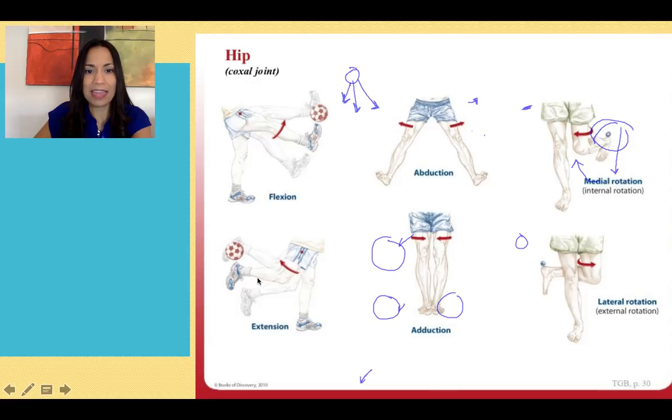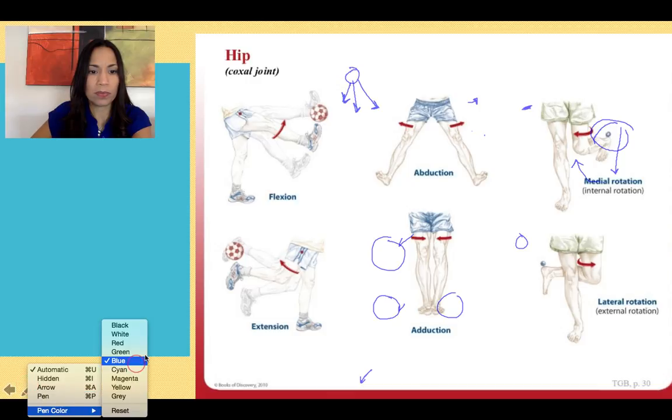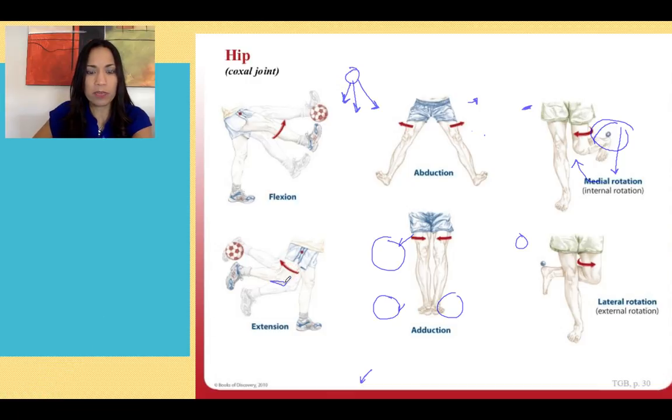And in this case, the knee joint is flexed. Let me grab my pen so you can see. In here, the hip joint is flexed, in here is extended. In here, the hip joint in this one is flexed in the anterior plane. In this one the thigh is posterior, so it's extended.